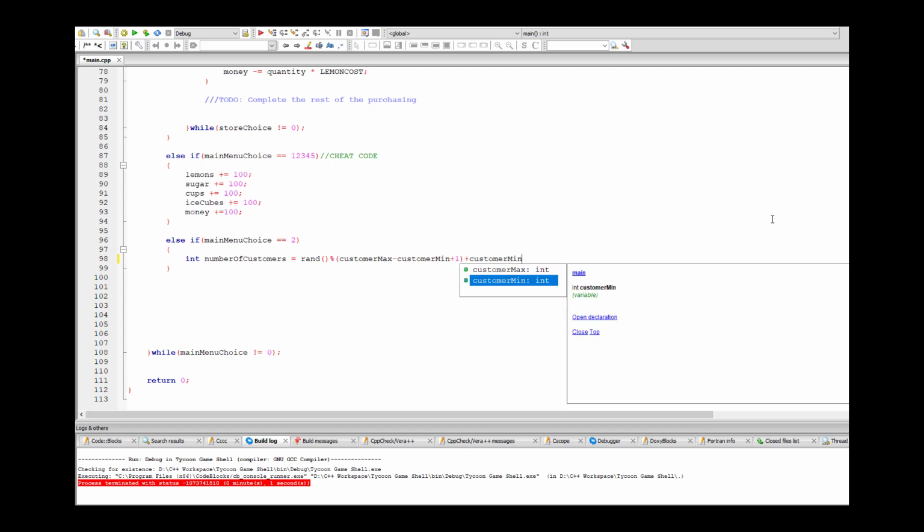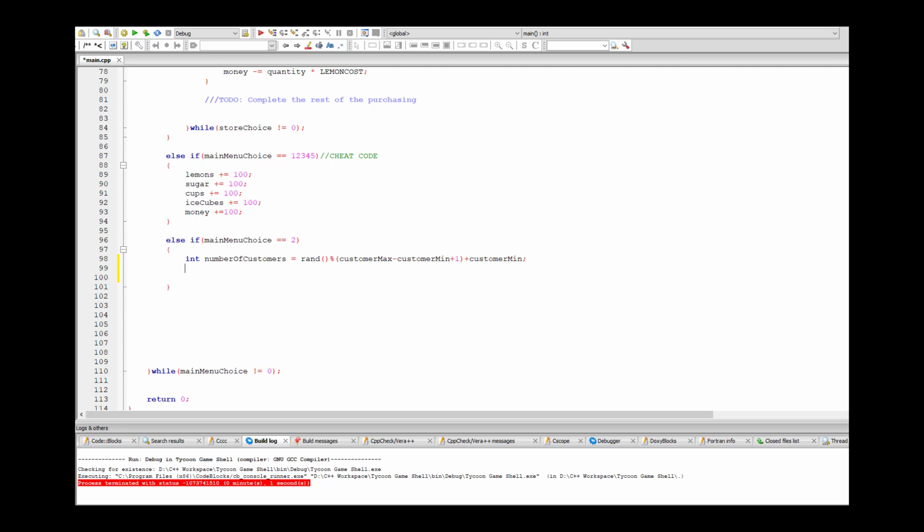Now, I know a lot of people are going to call me out on this, saying that there's a 0 here, so why do I even put it? It's because later on we might get things that would change our minimum customers so that it's not 0. It might move it up to 1 or whatever, right? So in any case, we're going to generate the number of customers for the day. And what I will do is just test this out.